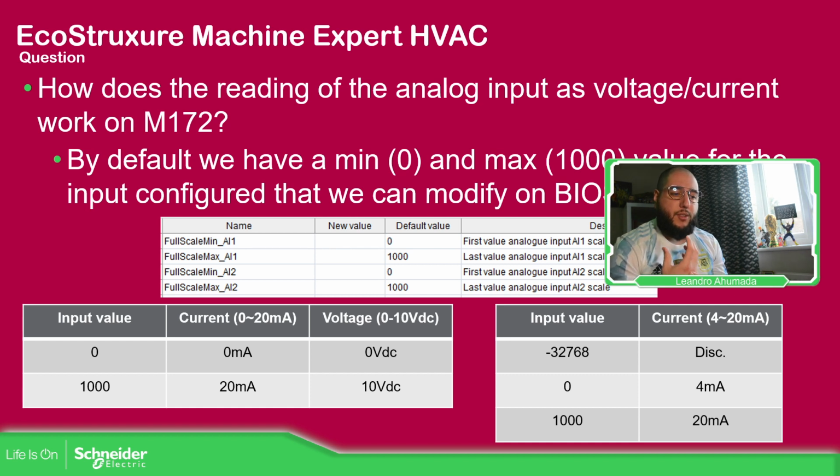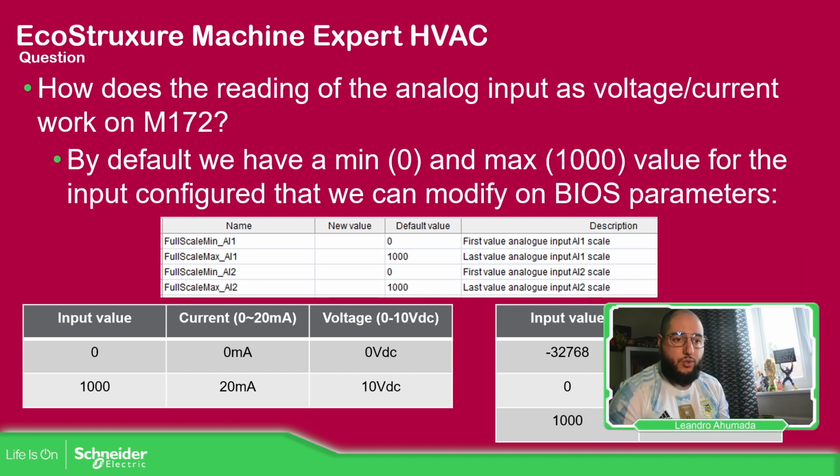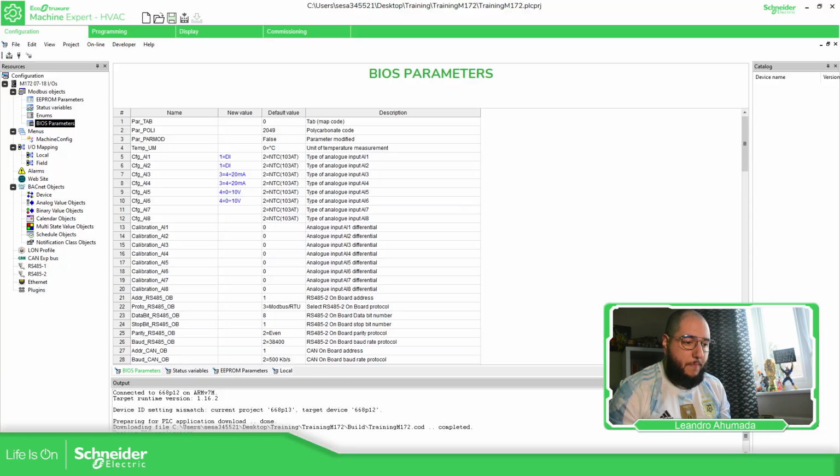And if we disconnect the current sensor, it will give you the value minus 32768, and it's the same value when you disconnect the temperature probe. For the temperature, let me see what I have used here. Let's go back just to show you, because I'm using a probe here, PT1000, I guess, or NTC, I don't remember.